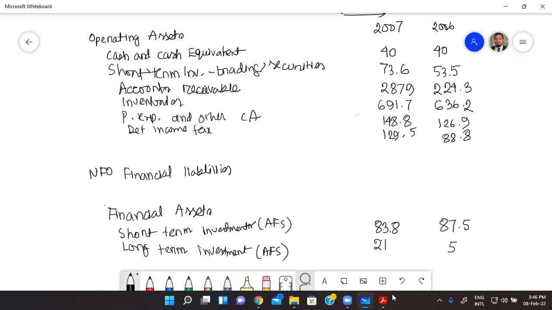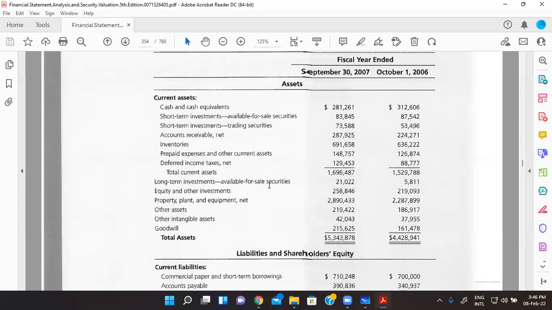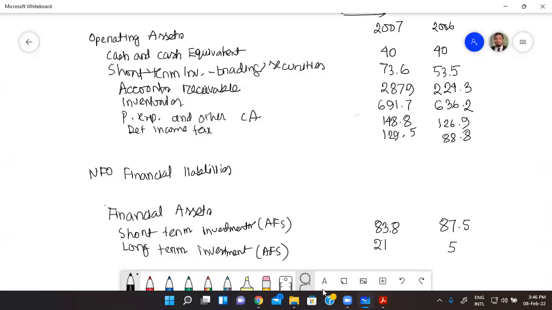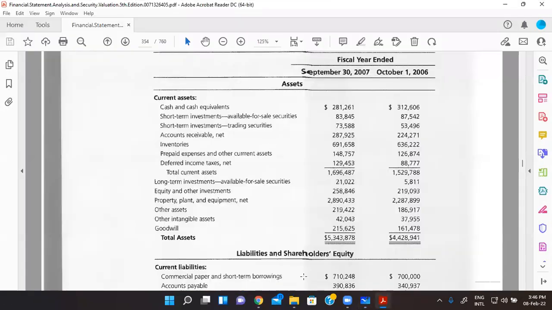We already have placed the long-term investment, available for sale securities, here in the financial assets. And the next one is equity and other investment. So it is part of the long-term equity investment, as this has not been categorized in the current assets. This has been categorized in the long-term category.